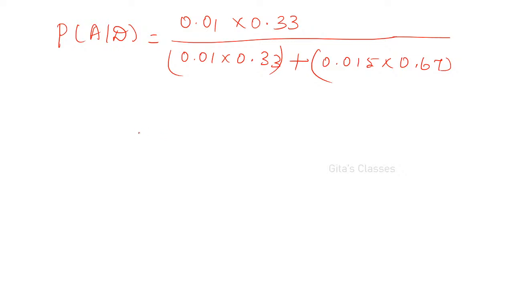And in the denominator you will have 0.01335, and numerator you will have 0.0033.